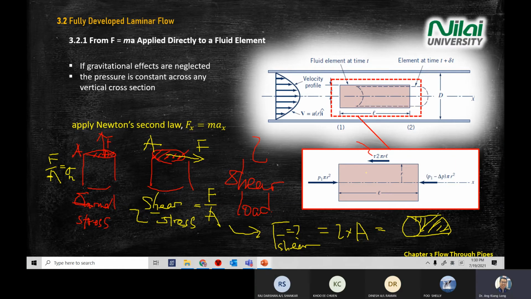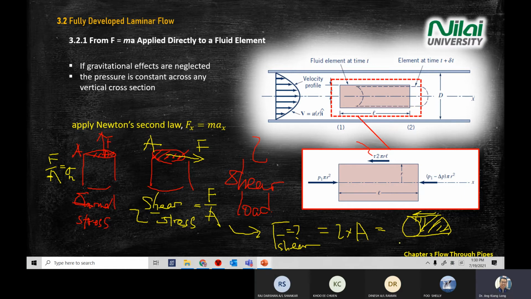So inside the pipe, where does the shear stress work? It works along the surface, and it goes against the flow direction. You can treat shear stress as your friction force. So how do you calculate the surface area for a cylinder?